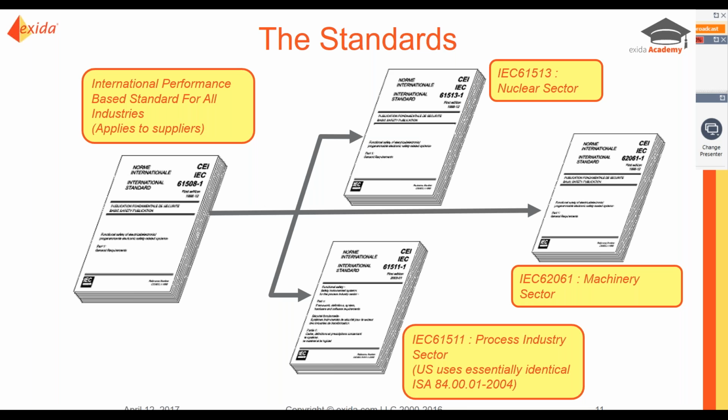You're going to have your nuclear sector or your machinery sector, or for end users, you would use the process industry sector or IEC 61511. And all of these specific standards complement IEC 61508. So they don't contradict. If you see information in one, you will see the information in IEC 61508 as well.